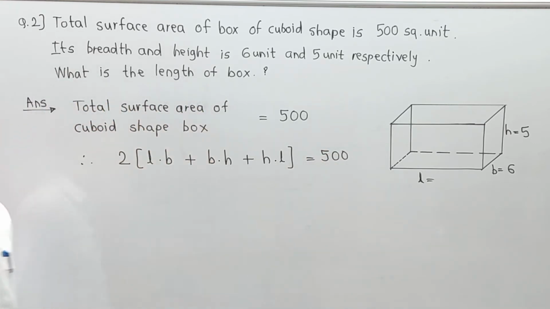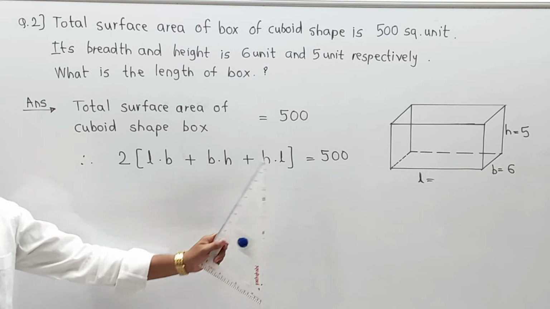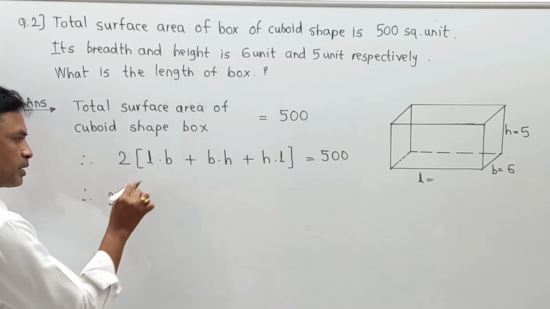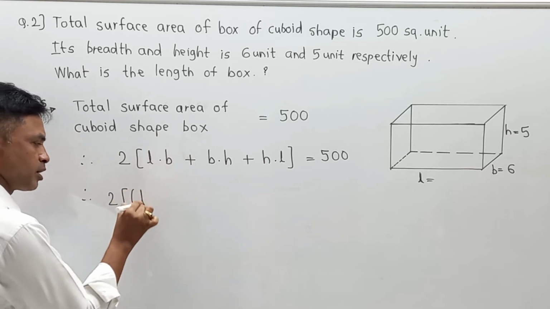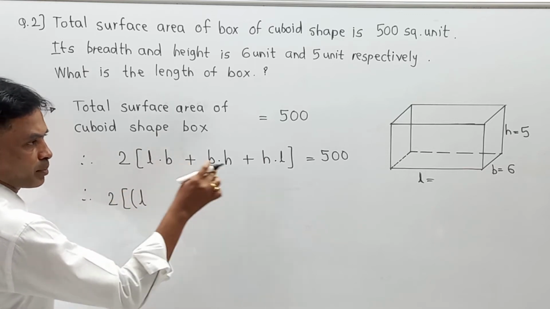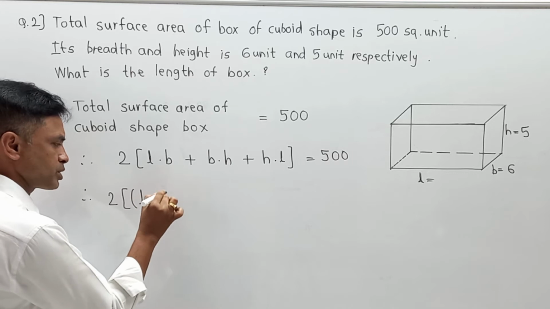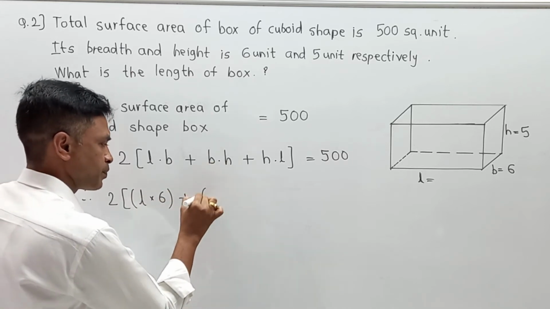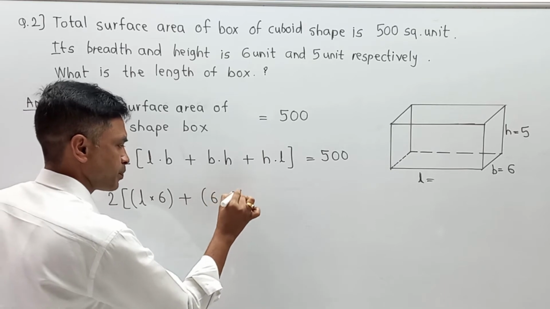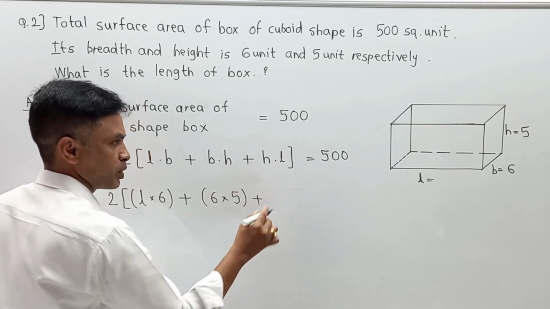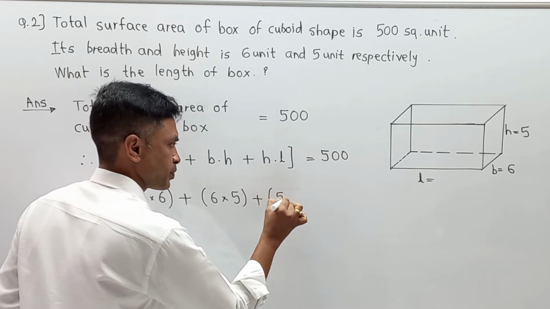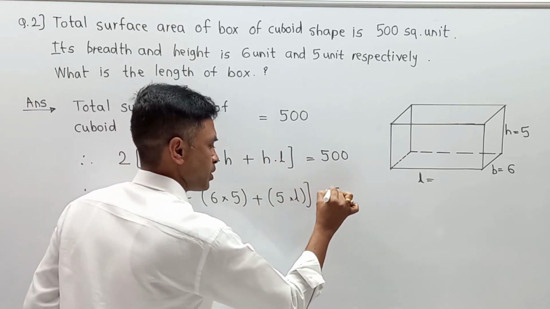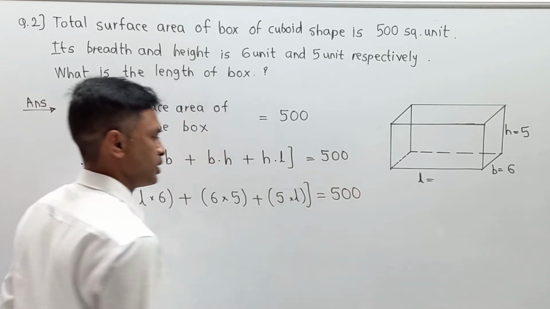Now we know a few values among them, putting those values into the calculation. So the part is 2 into bracket L into B. L is unknown for us, breadth is 6, so into 6, plus B into H means 6 into 5, plus H into L, so H is 5 into L, is equal to 500 square unit.